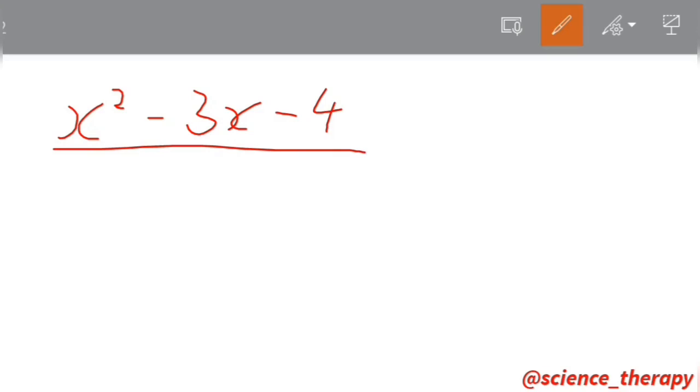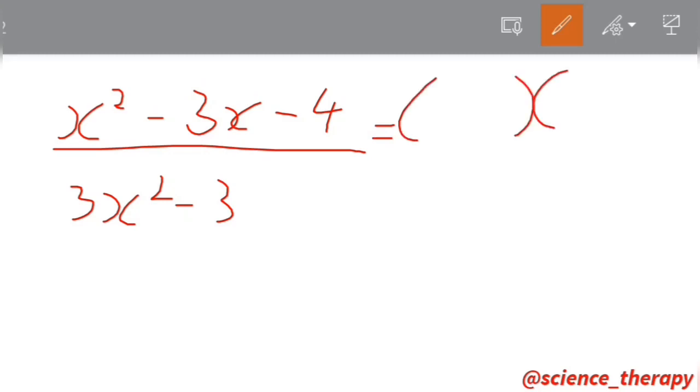Now let's have a look at this one. Let's say we are given a question like this now with a trinomial. How do we solve one that has a trinomial and not a difference of two squares? With a trinomial, we know how to factorize trinomials.